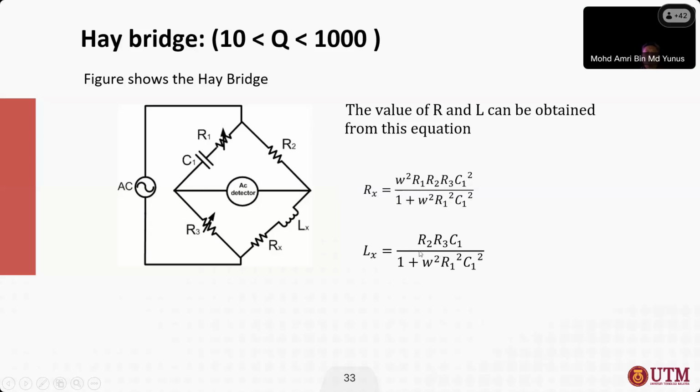As for Lx, it is R2 multiplied with R3 multiplied with C1 over 1 plus omega square multiplied with R1 square multiplied with C1 square. So you can follow the same process to derive the Hay bridge.